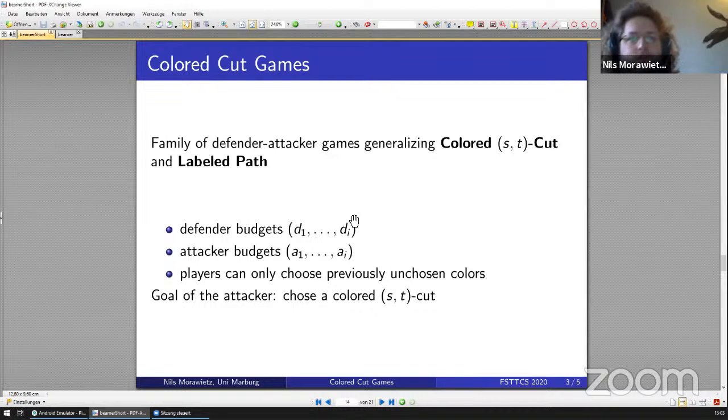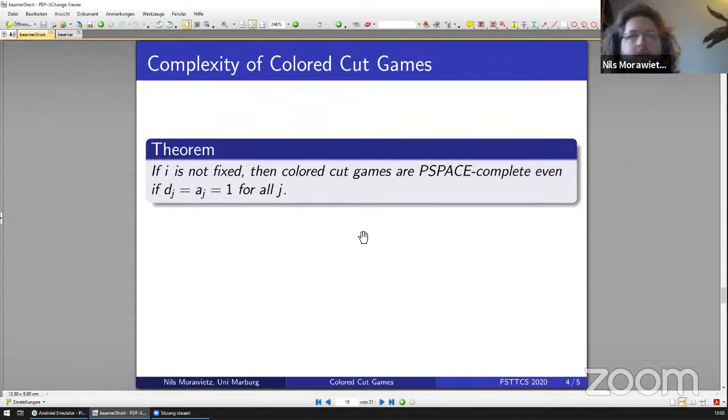And we were able to show that these colored cut games are PSPACE-complete if this number of alternations between the agents is not a constant, even if the game I explained earlier, where the agents are allowed to choose only one color at a time. So even in this case, and in very restricted instances, this problem remains PSPACE-complete.